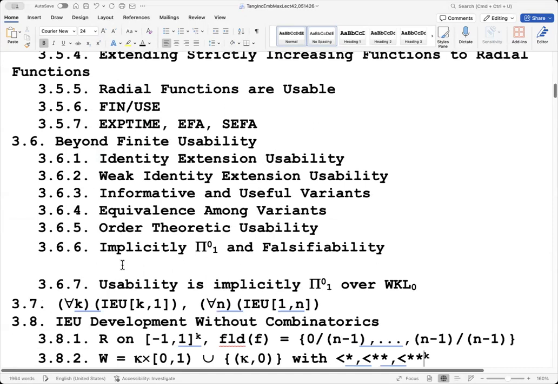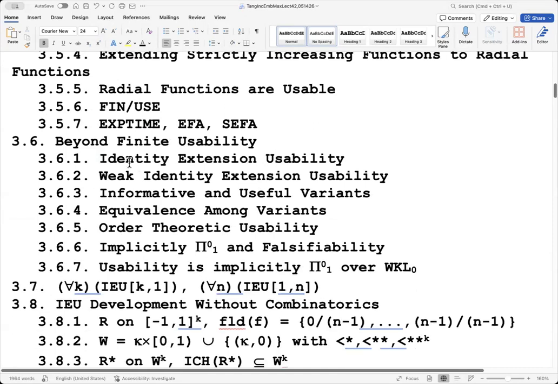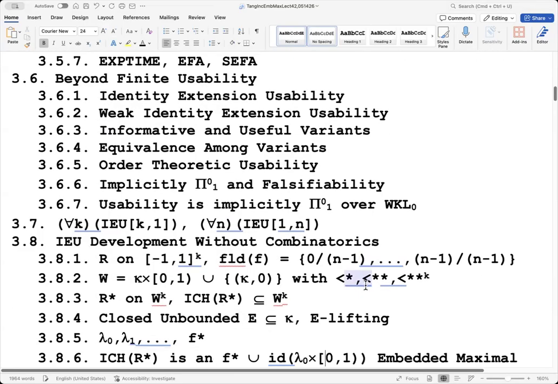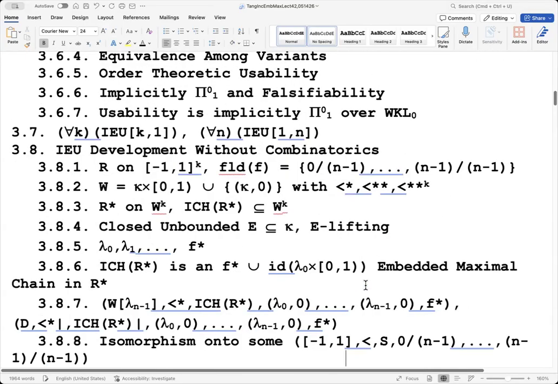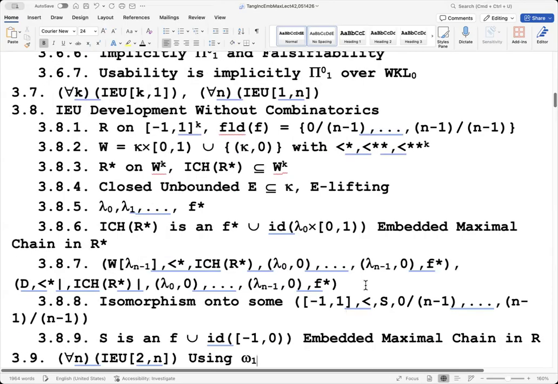Yeah, I didn't. This is in pretty optimal form. Beyond finite usability, this is all the same from last time. Order theoretic usability is broader but still implicitly pi 0, 1. Okay. And this is all pretty much the same with not many corrections.